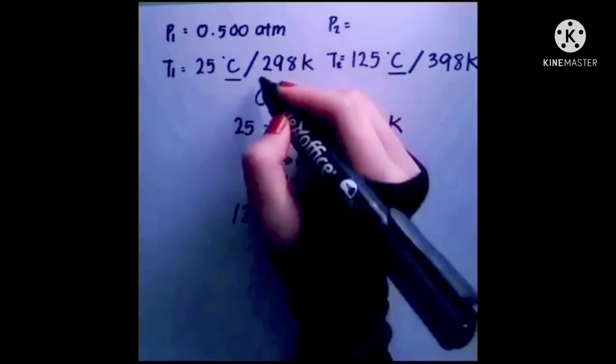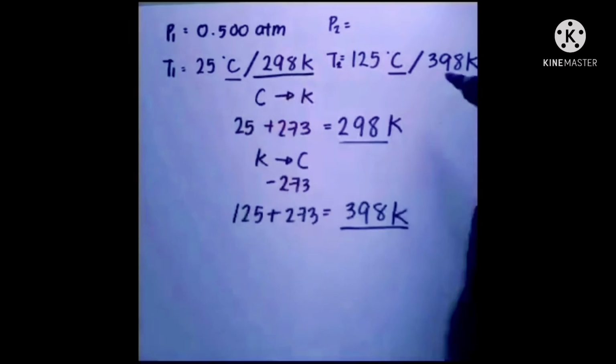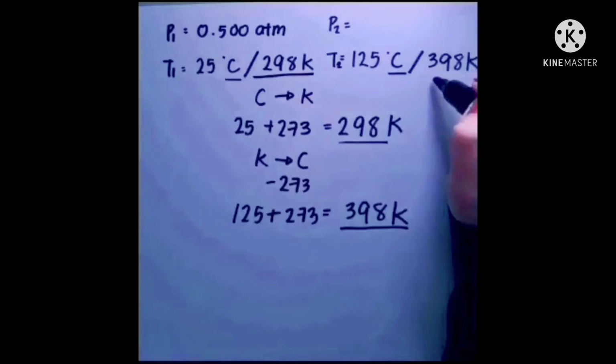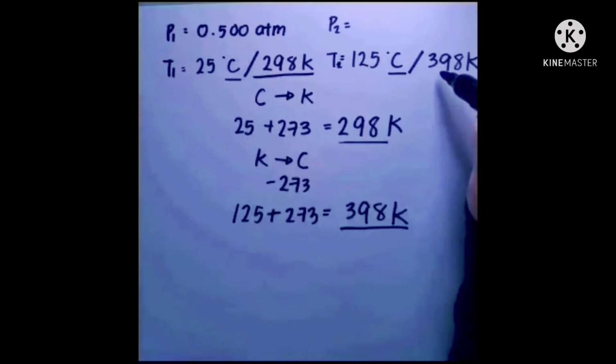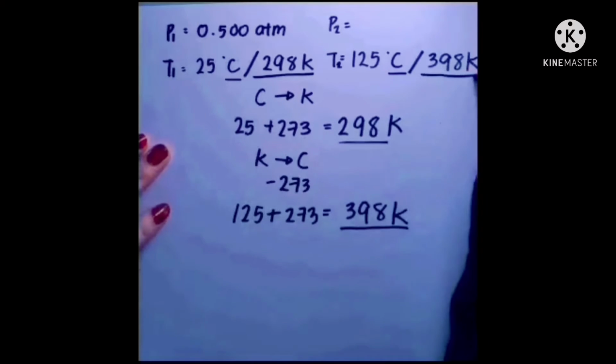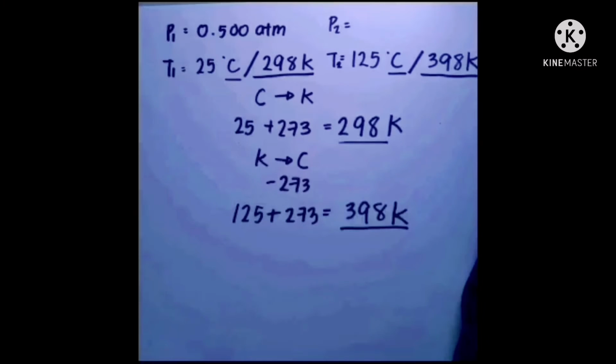Since ito na yung mga bago natin T1 at T2, pwede na tayo mag-proceed sa pagsasolve. Tapos na natin i-convert yung mga T1 at T2. So, pwede na natin siyang masulat ng ganito.